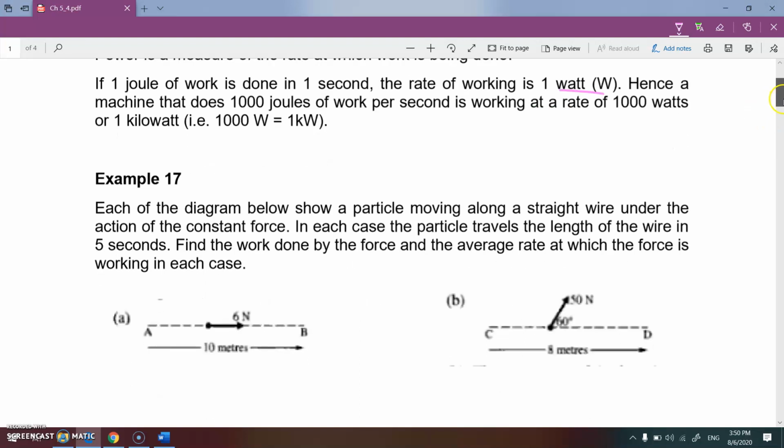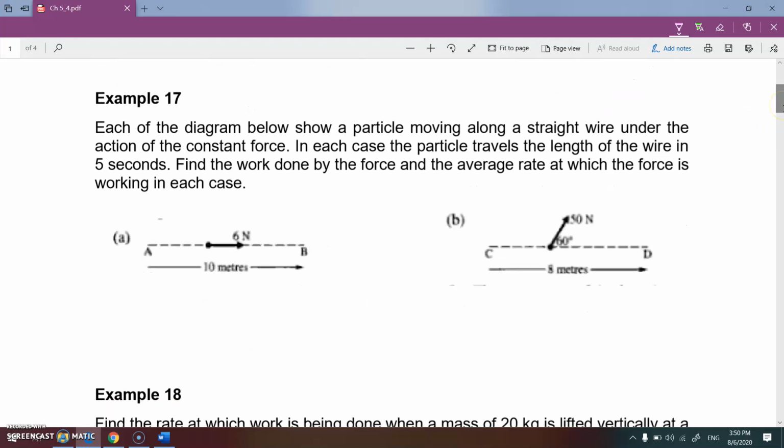Each of the diagrams below shows a particle moving along a straight wire under the action of a constant force. In each case, the particle travels the length of the wire in 5 seconds. Find the work done by the force and the average rate at which the force is working in each case.